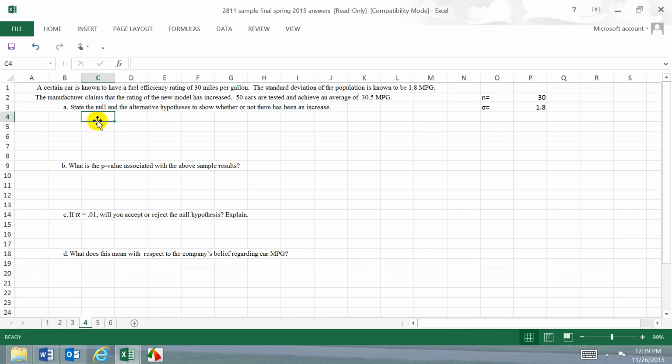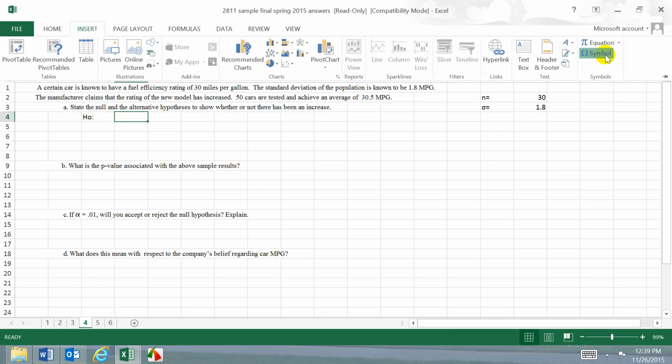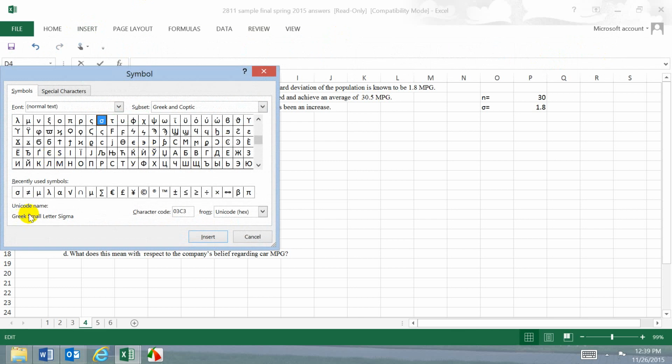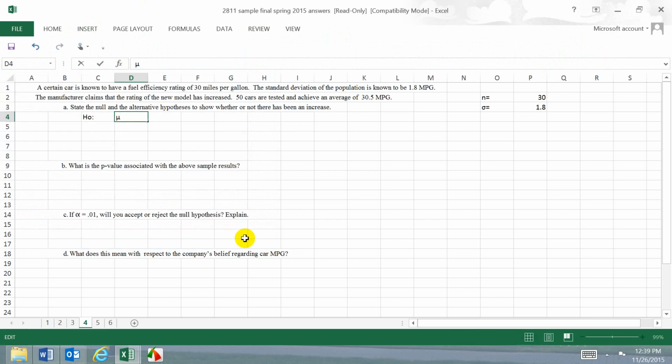So, in this case, the null hypothesis is that there has not been an increase.